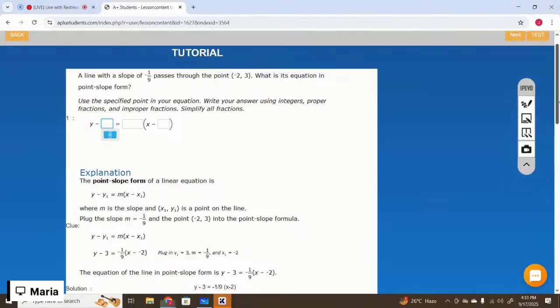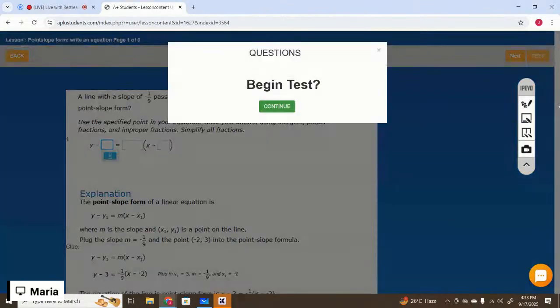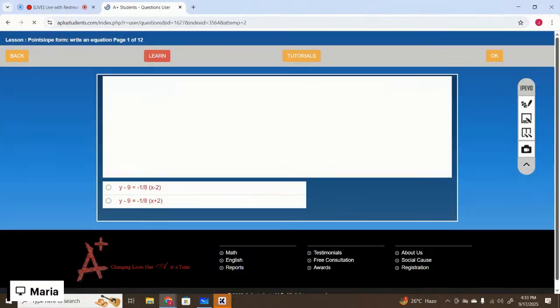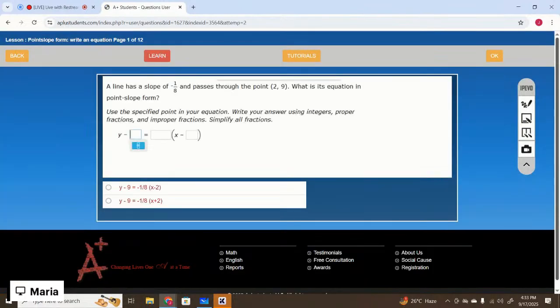Let's just start with the test questions. A line has a slope of -1/8 and passes through the point 2, 9. What is its equation in slope intercept form?